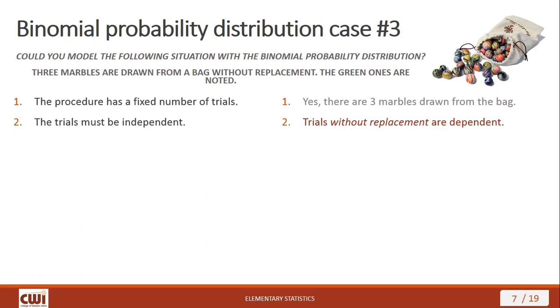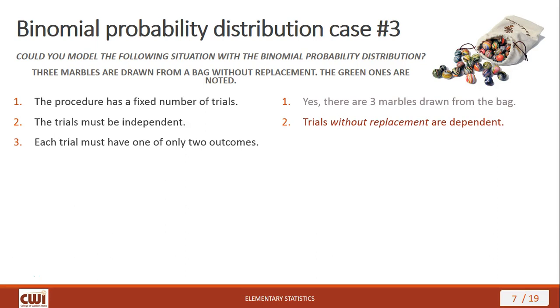We're drawing from the bag without replacement. That means the trials are dependent, not independent, because the probability of getting a certain color marble with each draw that we take from the bag is going to be different because we're not putting the marbles back in. So our trials are dependent.